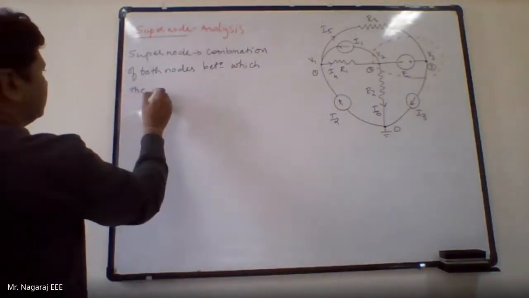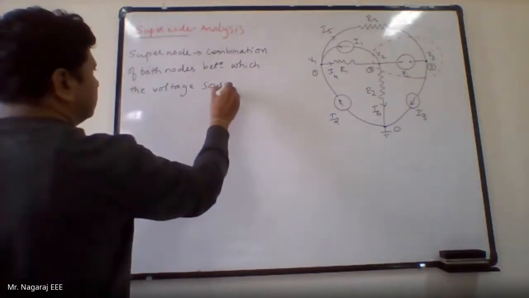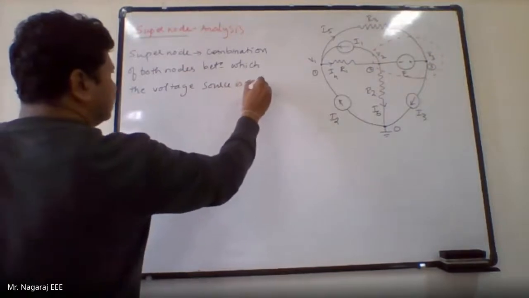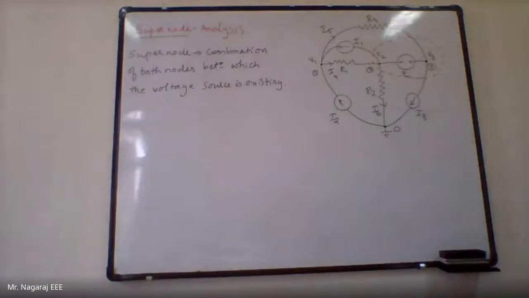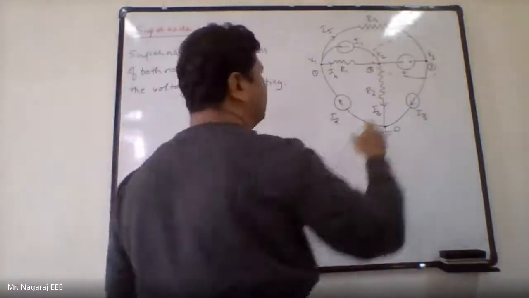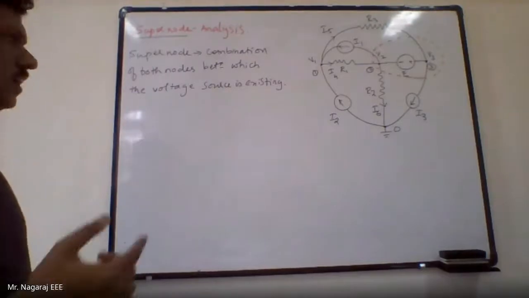Voltage source is existing. So now I have to take node 2 and node 3 as one node. Node 2 and node 3 as one node.